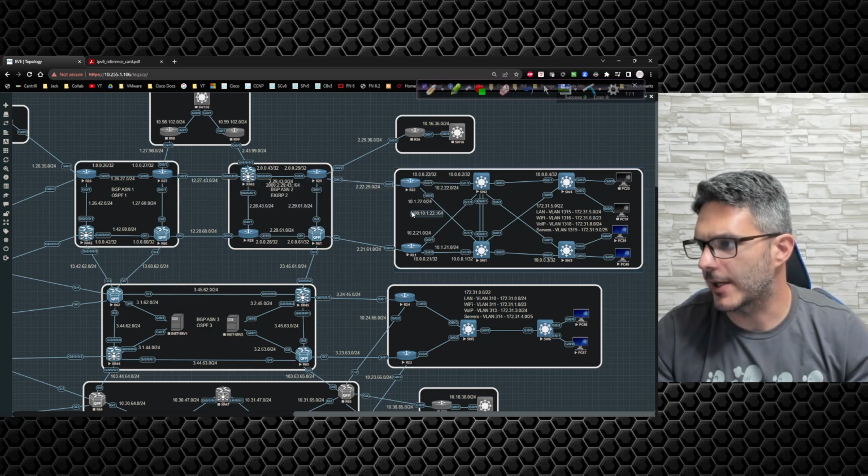That's what the internal address will look like when we get into doing IPv6 in the core.